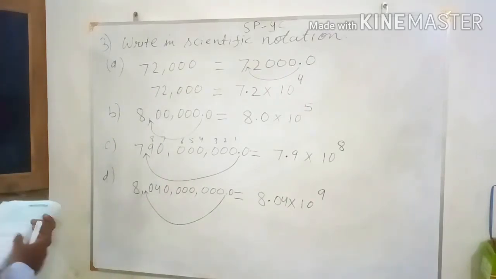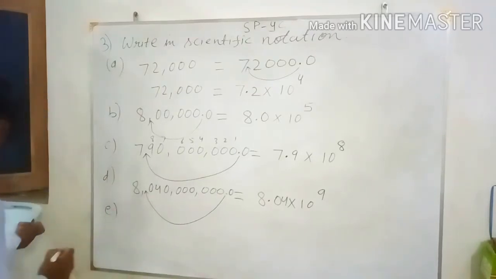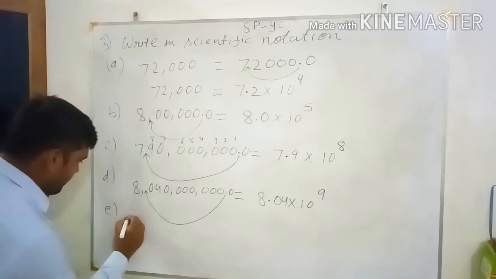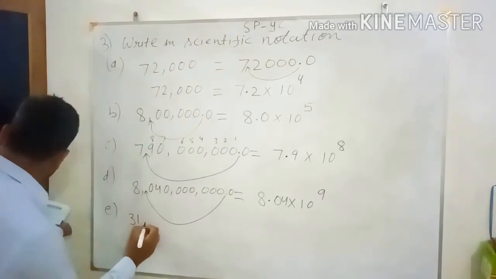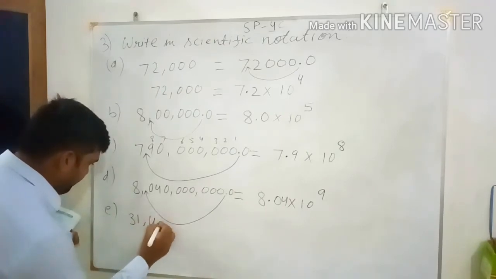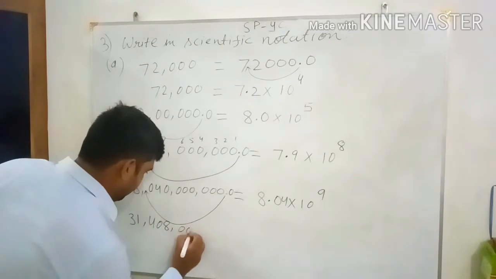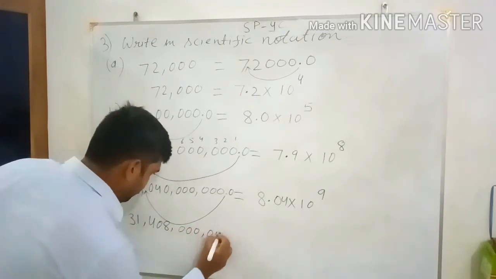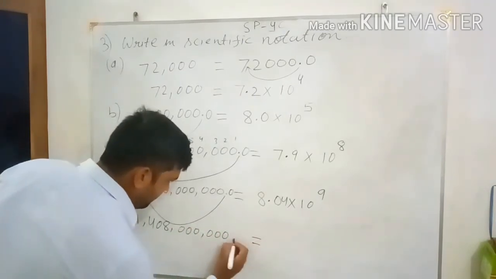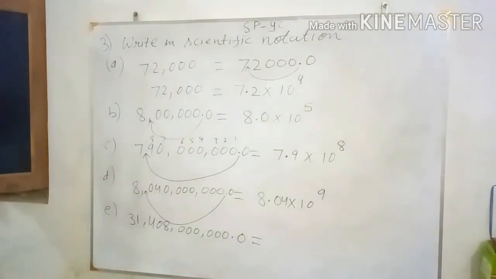Now we do question number E. $31,408,000,000. Now we consider the decimal at the end.